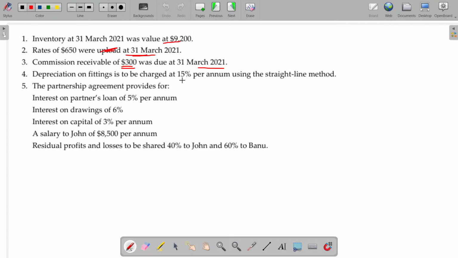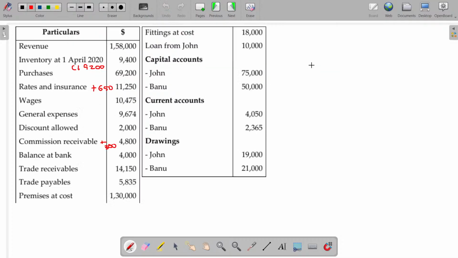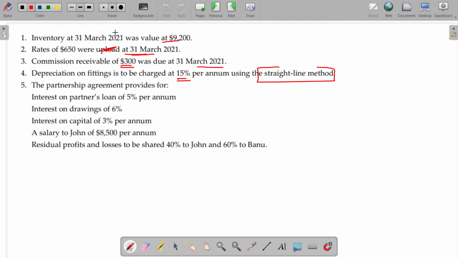Depreciation on fittings is to be charged at the rate of 15% per annum using the straight line method. Okay, fittings. On this 15% will be your depreciation. So the first 4 pieces of information are for the preparation of the income statement.